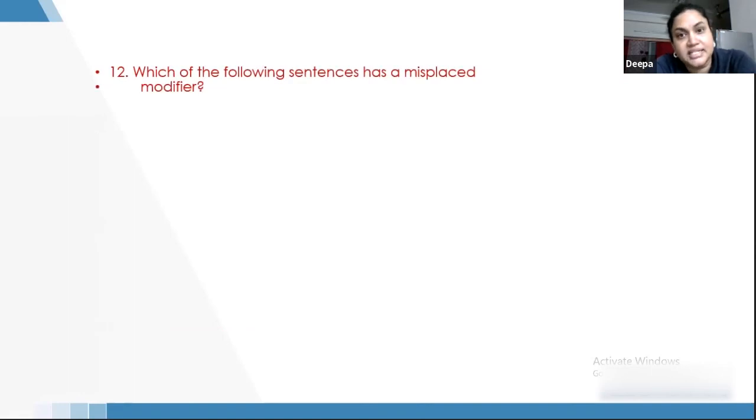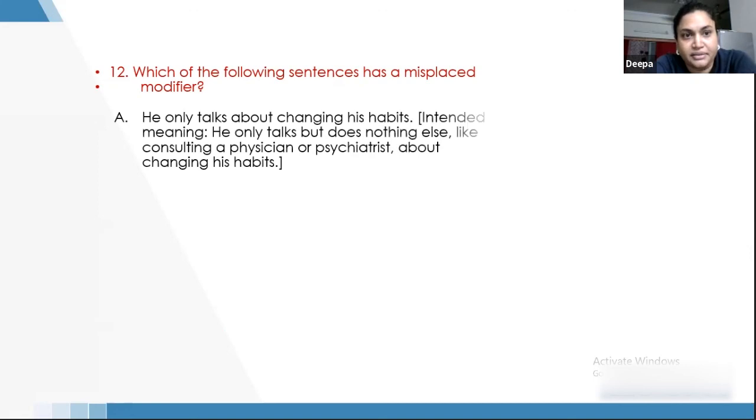Which of the following sentences has a misplaced modifier? Let's check. He only talks about changing his habits. Intended meaning is he only talks but does nothing, like consulting a physician or psychiatrist about changing his habits.